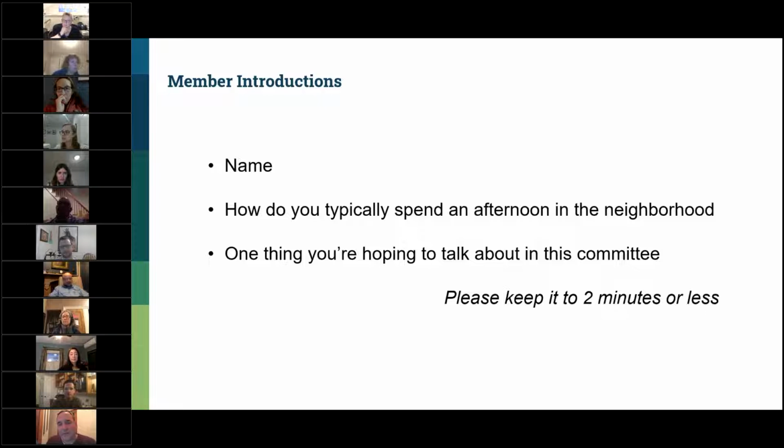How I typically spend a day in the afternoon in the neighborhood, probably just walking. Typically, I'll walk the ward every now and then. I do have a dog now, so I do plan on walking down to Ed Leather's park. And sadly to say, I don't usually get gas there, but we do have a few gas stations currently.